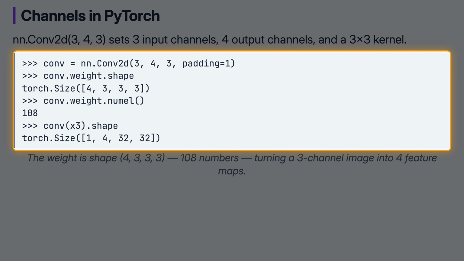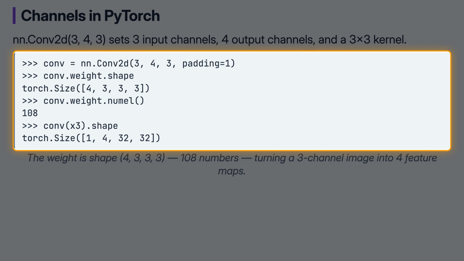In PyTorch this is one line. Conv2d, 3, 4, 3 sets 3 input channels, 4 output channels, and a 3x3 kernel. The weight shape is 4, 3, 3, 3. Read it as out, in, kernel height, kernel width: 4 filters, each 3 channels deep, 3 by 3.